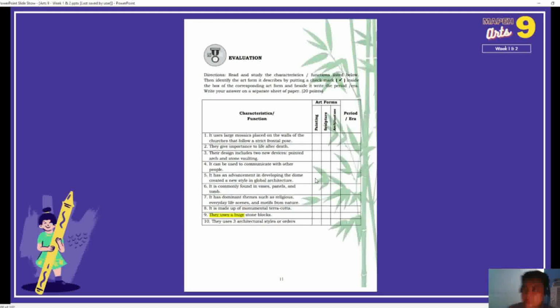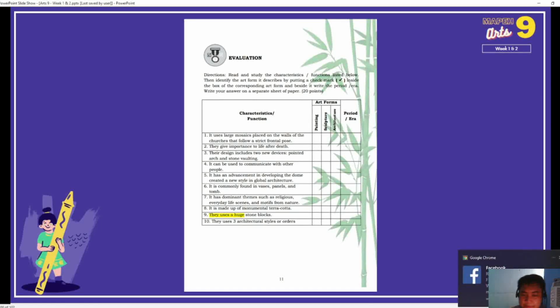And for the evaluation, actually, you may check your LAS. You may answer this one. Kindly check. Read and study the characteristics, function listed below. Then identify the art form it describes by putting a check mark. Once again, check mark inside the box of the corresponding art form, and beside it, write the period or the era. Write your answer on a separate sheet of paper for 20 points.